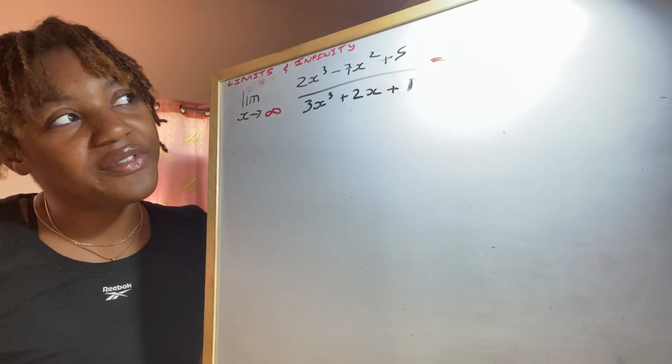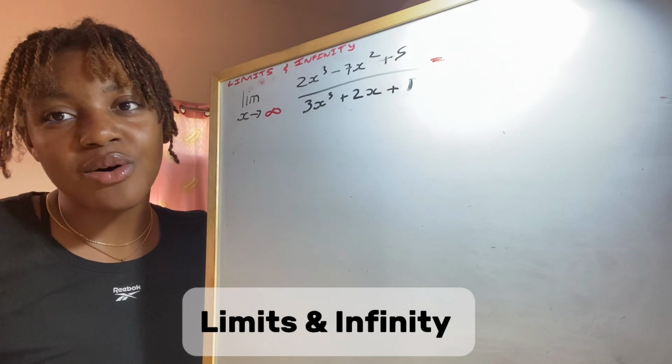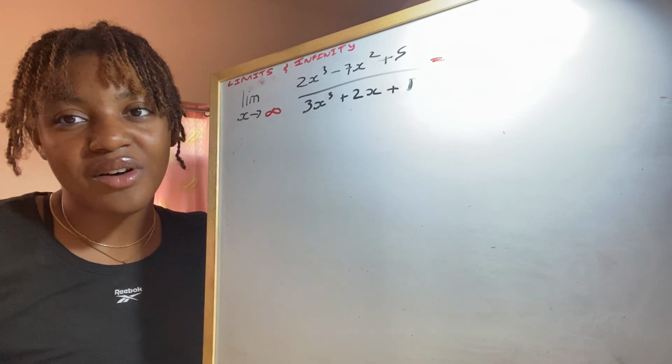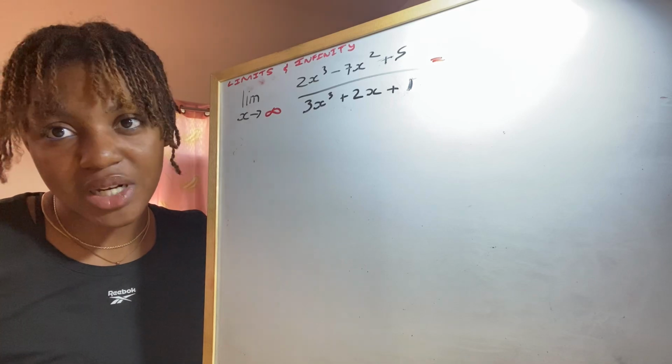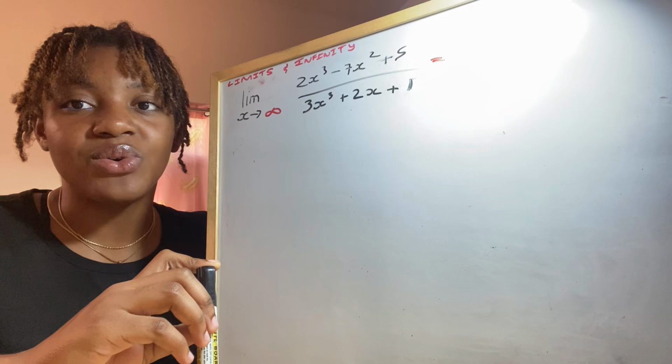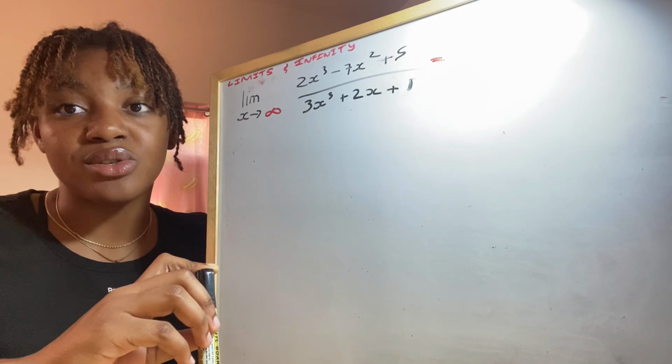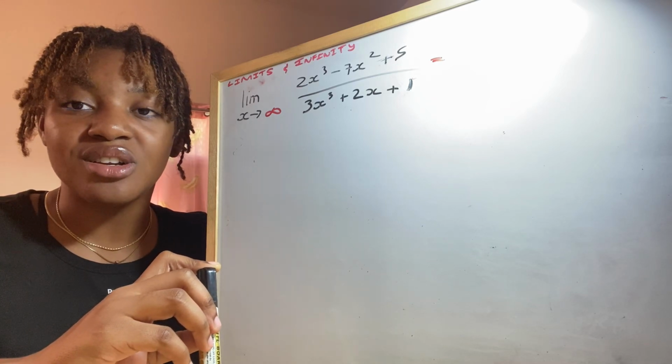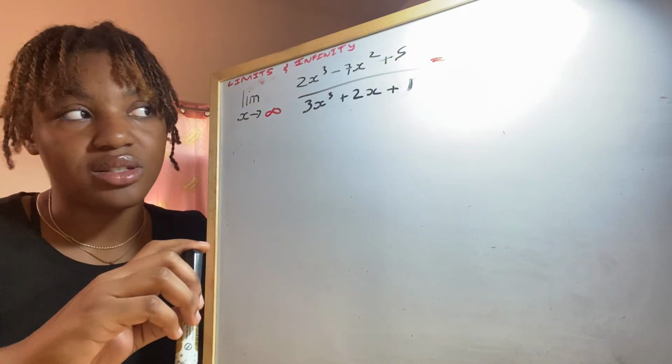Now we move on to infinity and limits. How do we evaluate a limit of a function where x is approaching infinity? The first step that we always take when trying to evaluate a limit is direct substitution. Once you realize direct substitution doesn't work, you can think about other methods.